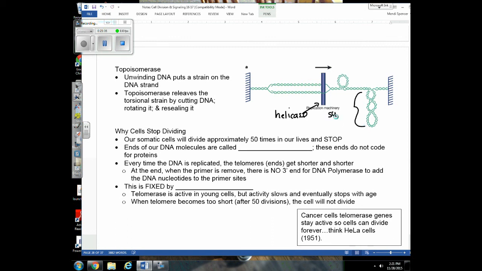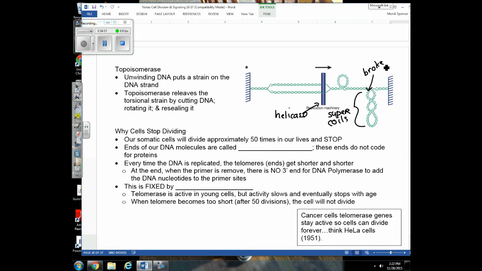These are called supercoils. They're upstream of where we're unzipping DNA. And this can put a lot of tension on the DNA. You can actually see that right here, the DNA broke. And we do not want DNA to break. So topoisomerases will actually cut the DNA before there's too much tension on it, unwind it and reattach it together.